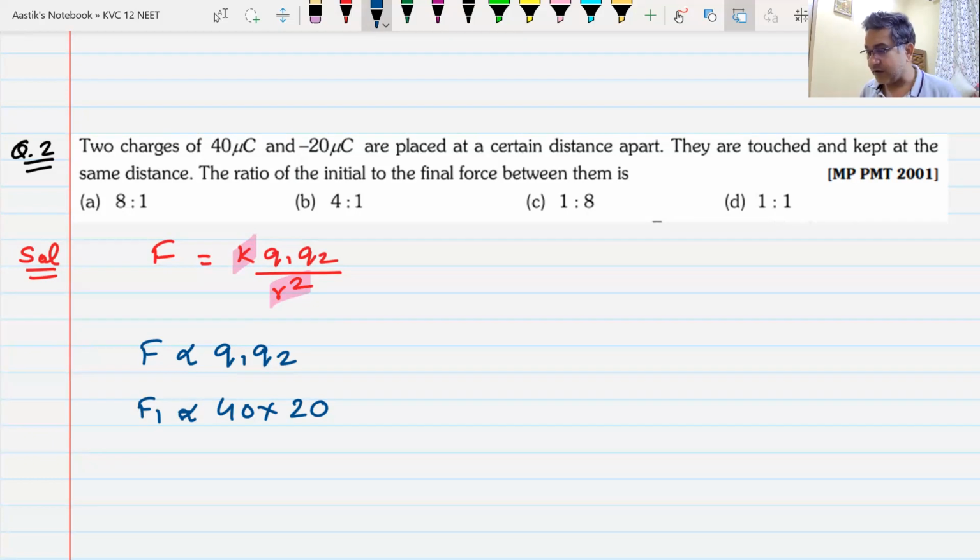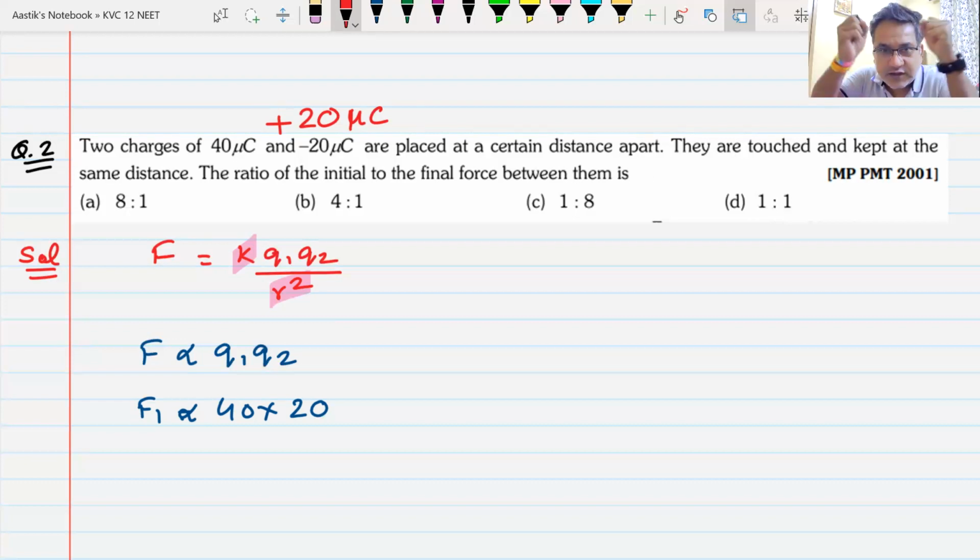So what was the total charge of the system? 40 plus minus 20, so the total charge of the system was 20 microcoulomb. Do we understand this? Yes, sir. Assuming both bodies are the same, this total charge will get divided equally. So one of them will have 10 and the other one will also have 10. Do we understand this?